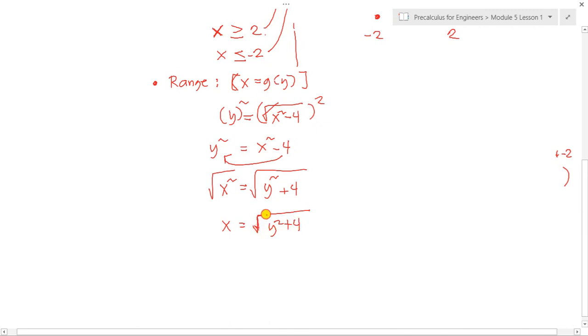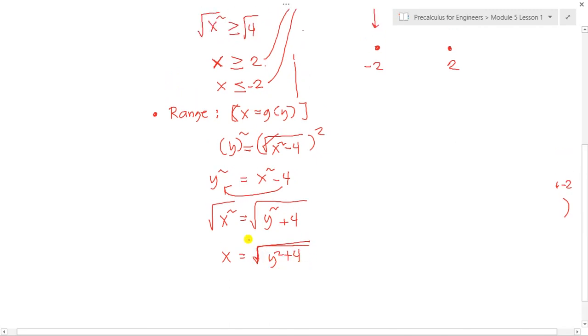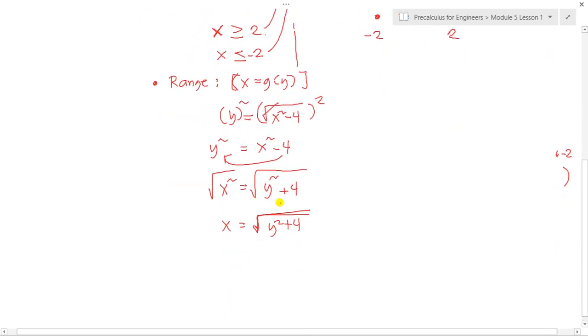Class, unsa may resulta nga equation? Naaghapon siya ay unsa man? Radical. Okay. Naay siya radical sign. Again, if naay radical sign, mao na siya ato ang i-restrict.